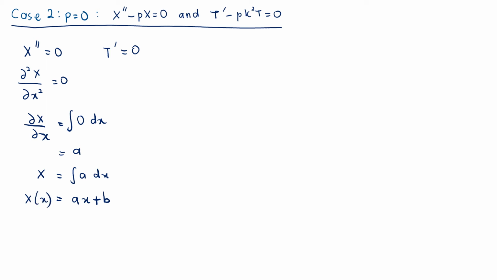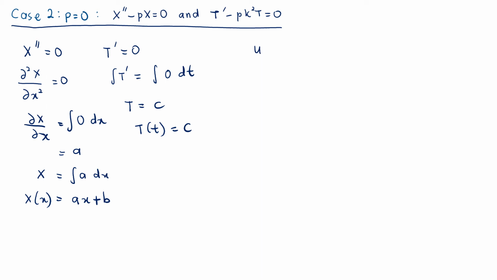Same goes with t prime, where you need to find the antiderivative of t prime. This will be equal to the integration of 0 with respect to t, and this will be t, which is equal to a constant c. So the function of t is equal to c.